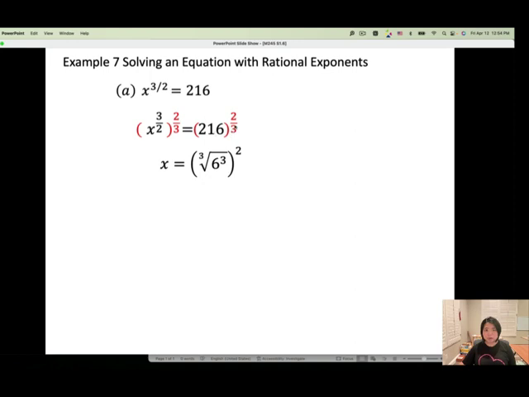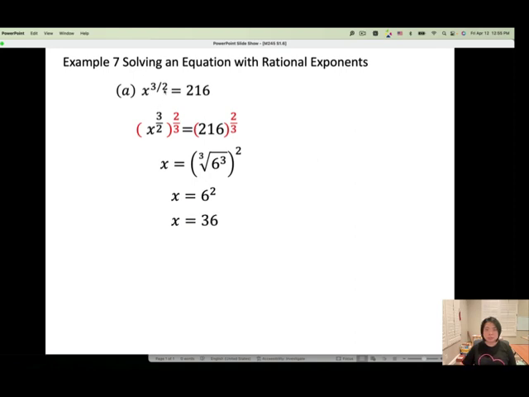And then we have the cube root of this guy. And then the square, I keep it here. Now, the cube root and the cube are going to cancel out. I'm left with 6 squared, which is equal to 36.